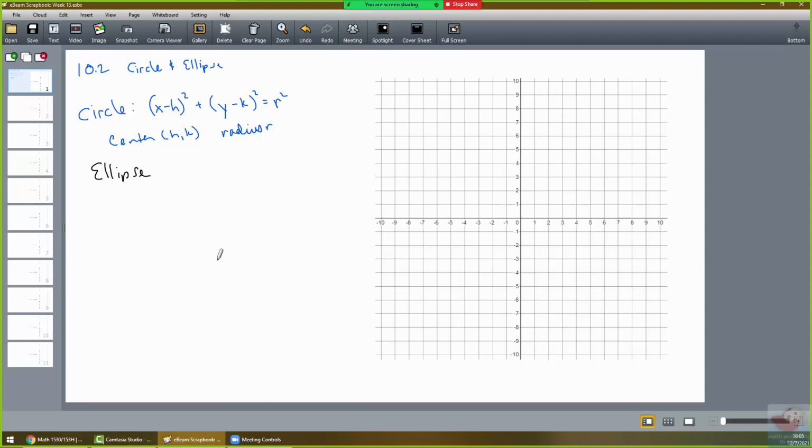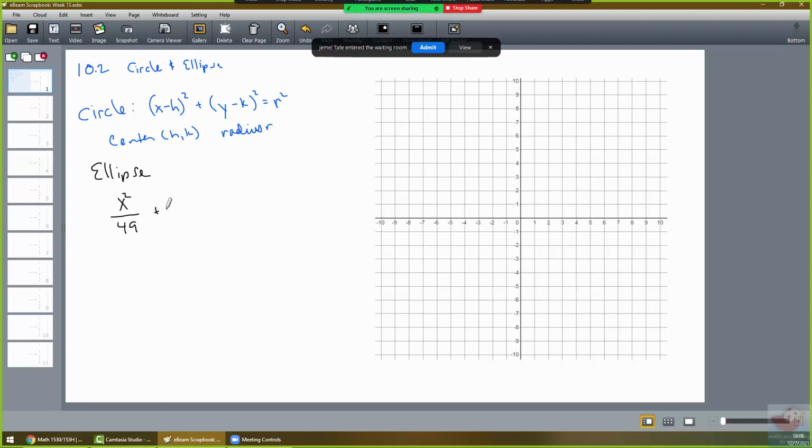Without going into it greatly, as far as the derivation and all that stuff, the idea of an ellipse is that, actually, let me just sketch one out here real quick. And in fact, I'm going to purposely write an equation here so you can start to match concepts together.